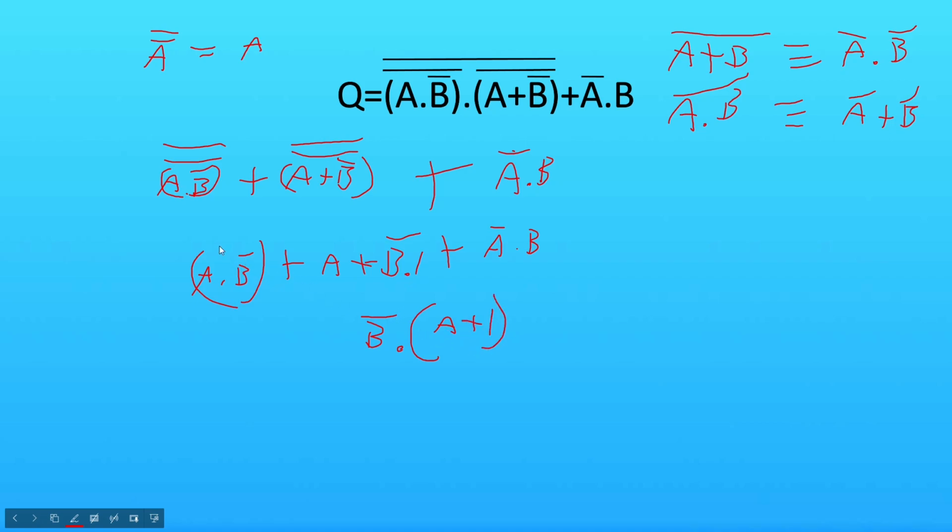So that's taken this out of the equation, and it's also taken out that. So we'll just put the rest in, or A or not A and B. And of course A or 1 simplifies down to 1, and not B and 1 simplifies down to not B. So we can just have not B here, or A or not A and B.